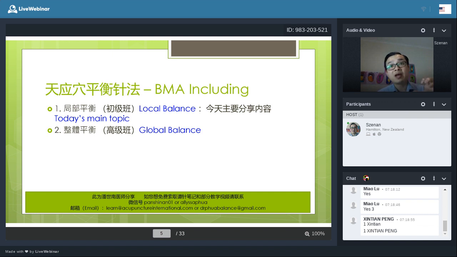Global balance will be able to cover more and treat the entire body, treat the organs' imbalance, right? So this is global balance. Local balance only focuses on a local area.